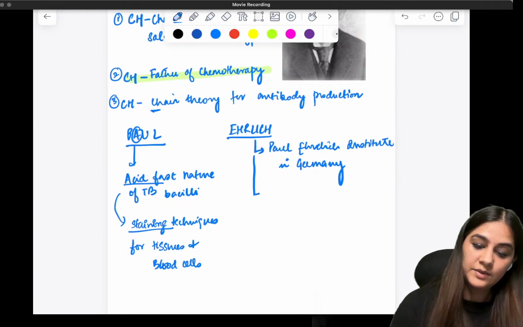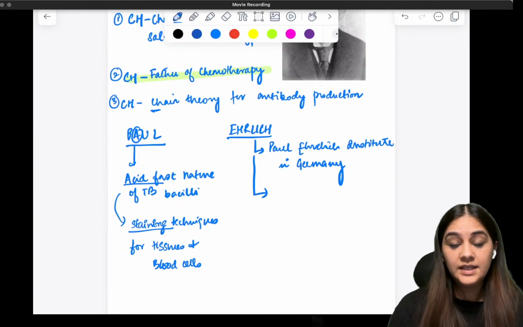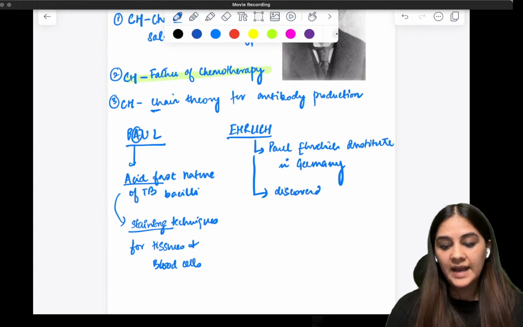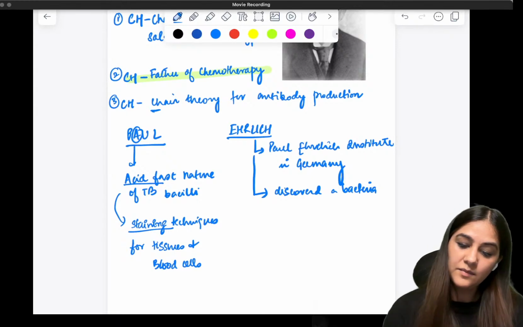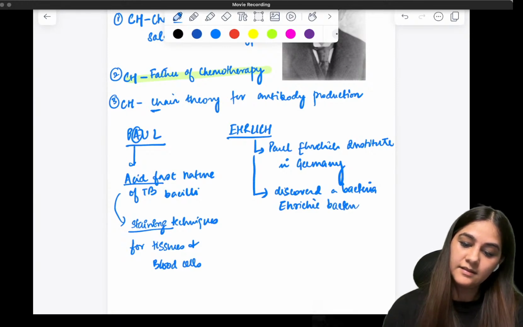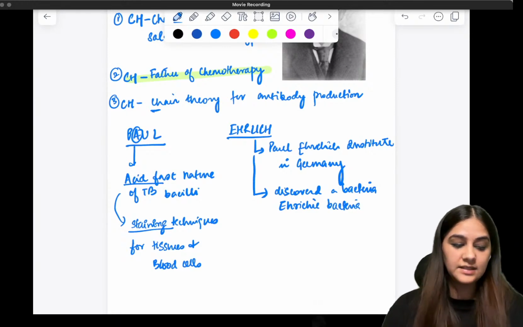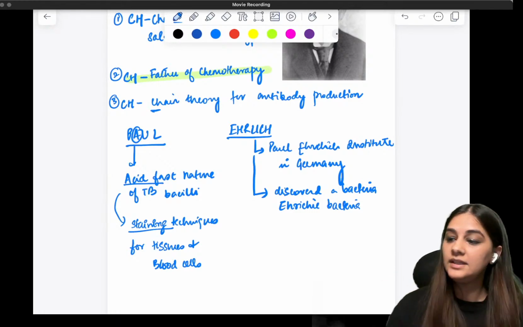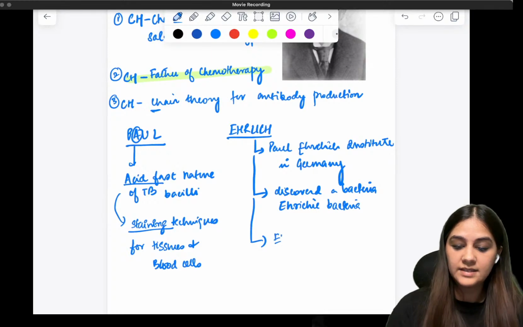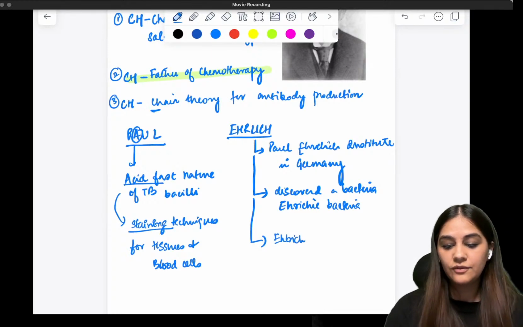Then, with the Ehrlich, what did he do? He discovered a bacteria, and that bacteria was named after him, called the Ehrlichia bacteria, right? So that is the second thing. And the third thing that he did was give us the phenomenon called the Ehrlich phenomenon.